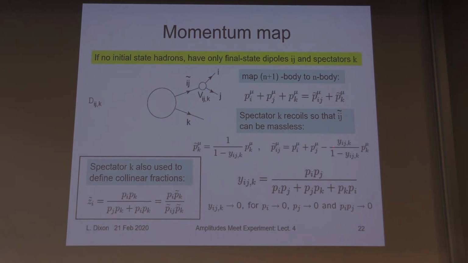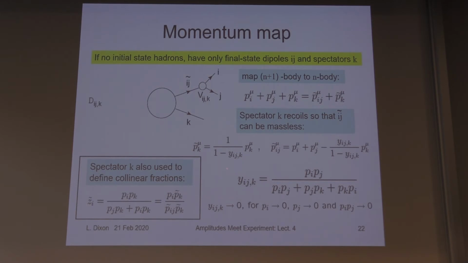It's made massless by subtracting off some fraction times a recoil spectator momentum, which can be chosen to be one of the other momenta in the process, or it can be picked fairly arbitrarily. But you also want to rescale that momentum so that the sum of ij tilde plus k tilde is equal to the sum i plus j plus k, because you want to maintain momentum conservation.